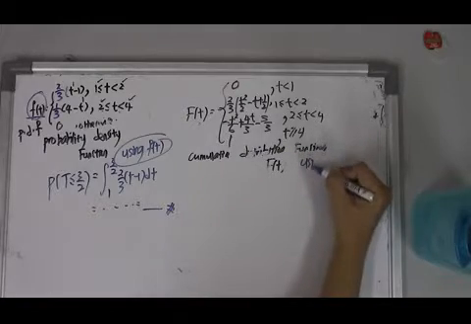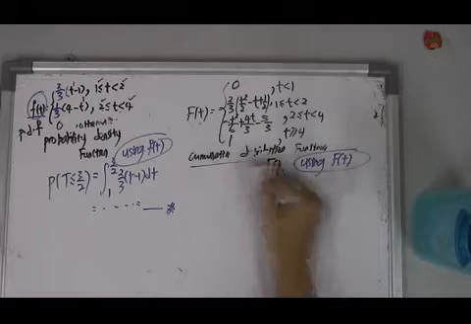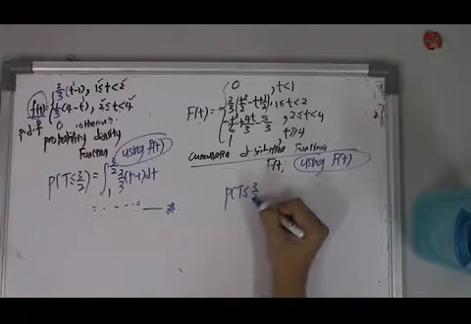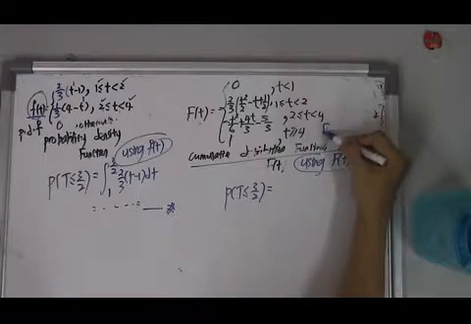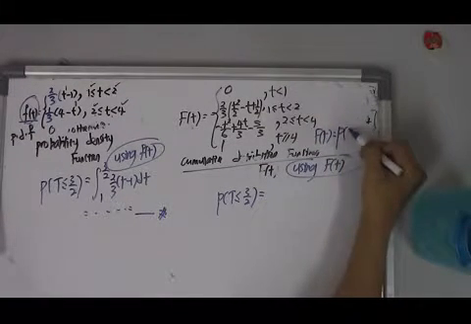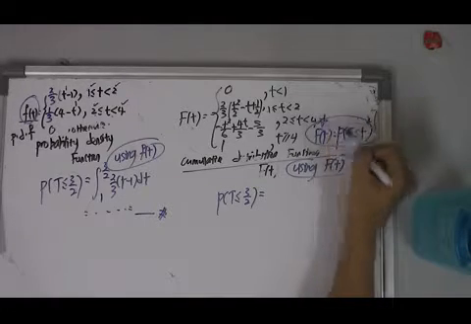If you're using the big F, the cumulative distribution function, the P(T less than or equal to 3/2) is actually the meaning of F(t). The meaning of the cumulative F(t) is the probability of T less than or equal to t. This will be the important formula.